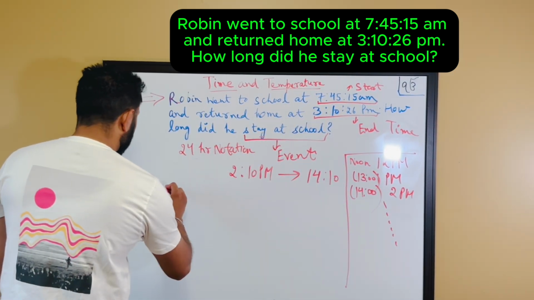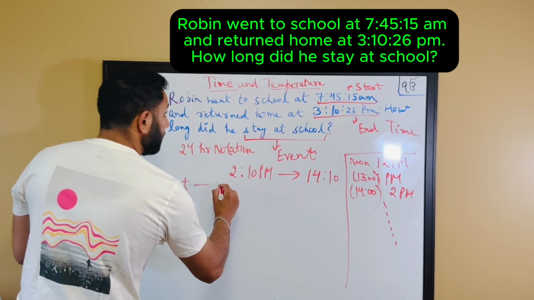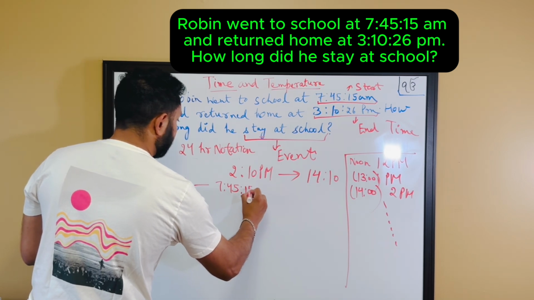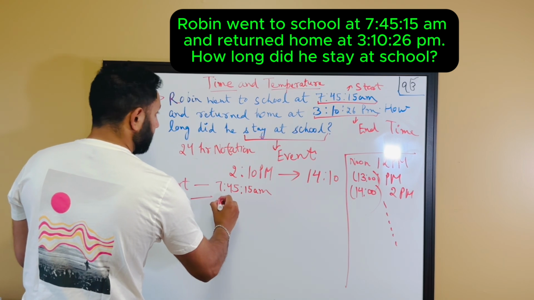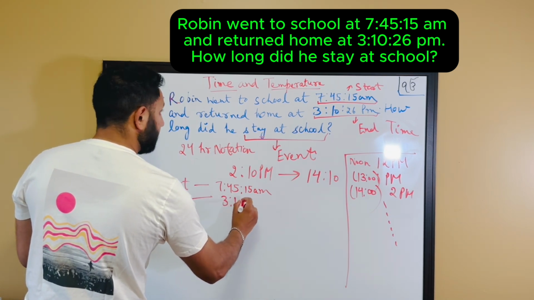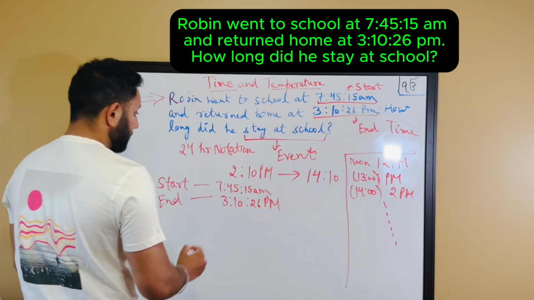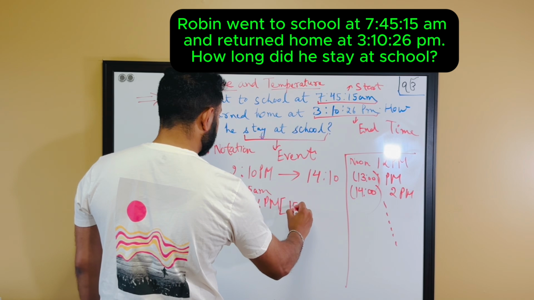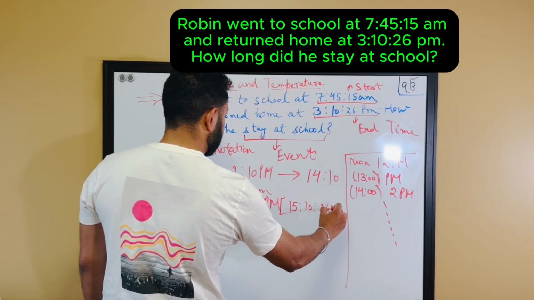So here our start time is 7:45:15 a.m. and our end time is 3:10:26 p.m. So in 24-hour notation we can write it down as 15:10:26.